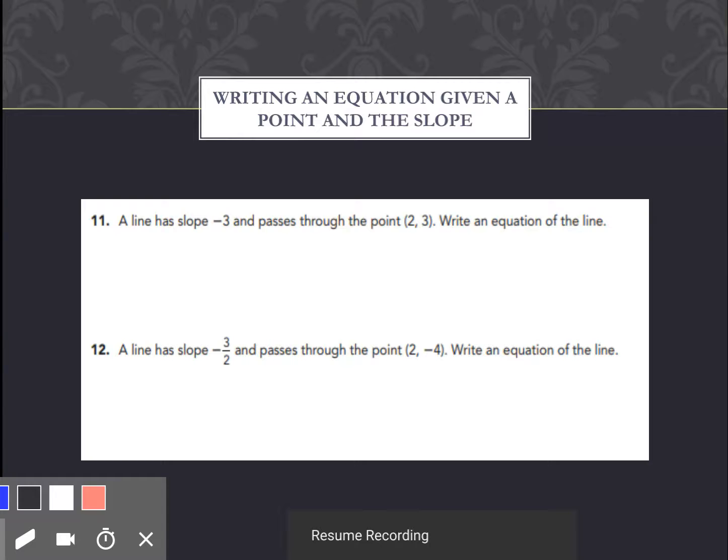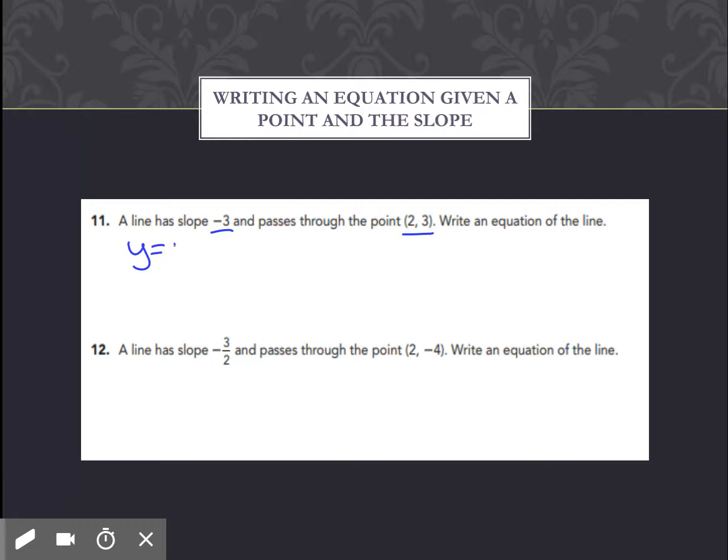All right, number 11, we have a line with a slope of -3 and the point (2, 3). So we want to plug it into y equals mx plus b. Our y is 3. Our m is -3. Our x is 2. Again, we're going to solve for b. So right now we have 3 equals -6 plus b.